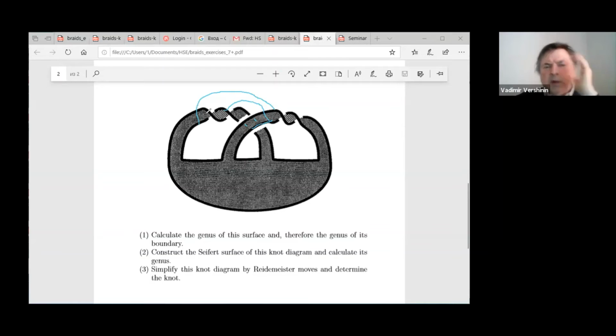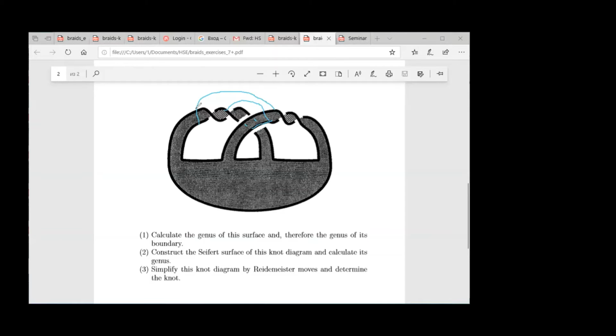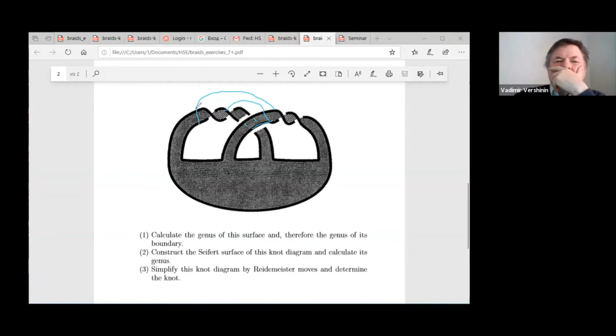And that's all. We have a knot with 3 crossings, right? 1, 2, and 3. Or not yet? No, sorry.